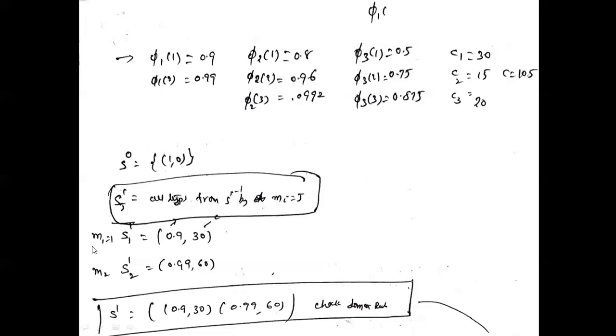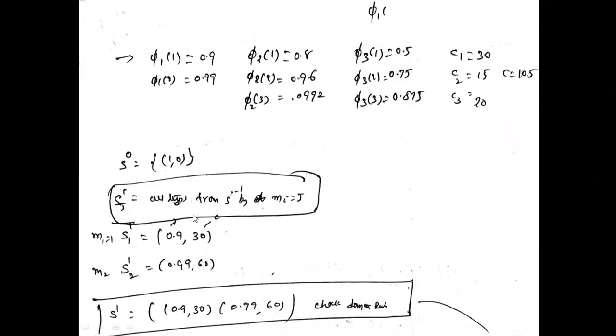First we consider m1 equal to 1. m1 equal to 1 means the first stage has one device, giving S_1^1. Suppose the reliability is 0.9 and the cost of the device is 30. That is, if in the first stage you are using only a single device, the cost is 30 and the reliability is 0.9.